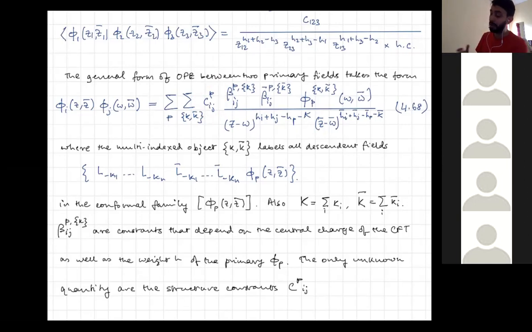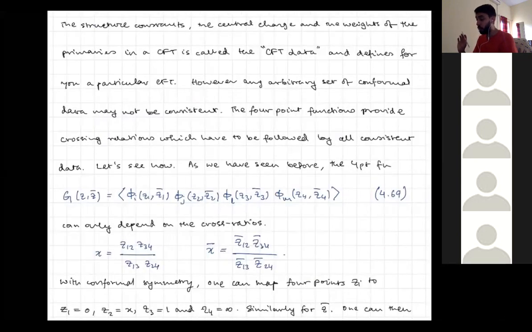So if you are looking at 3-point functions, this is the same as the coefficients that you would have got from the 3-point functions of phi_i, phi_j with phi_p. Very good. So that was the general form of the OPE.